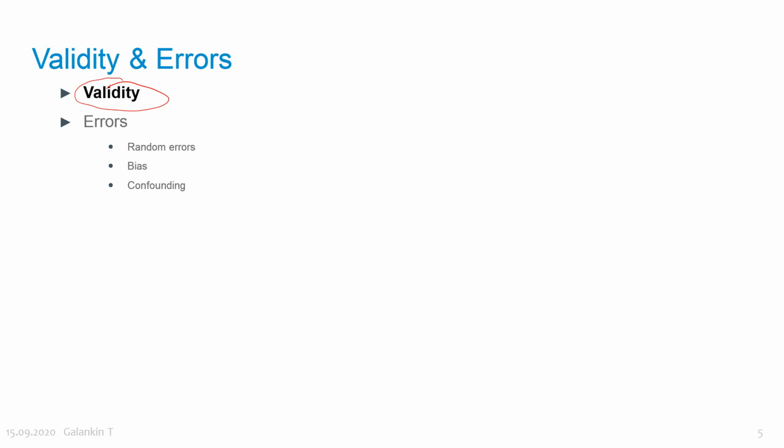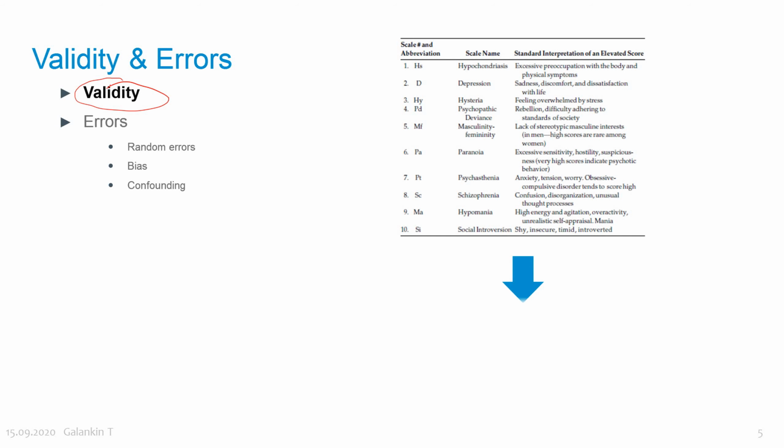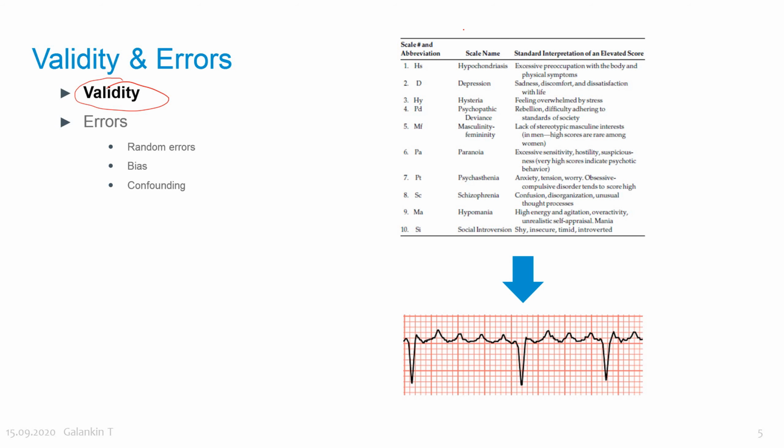I was told of a thesis where a student used a psychological questionnaire, MMPI, to predict atrial flutter in elderly subjects. The questionnaire was designed to describe such psychological traits as depression, hysteria, psychopathy, and so on.